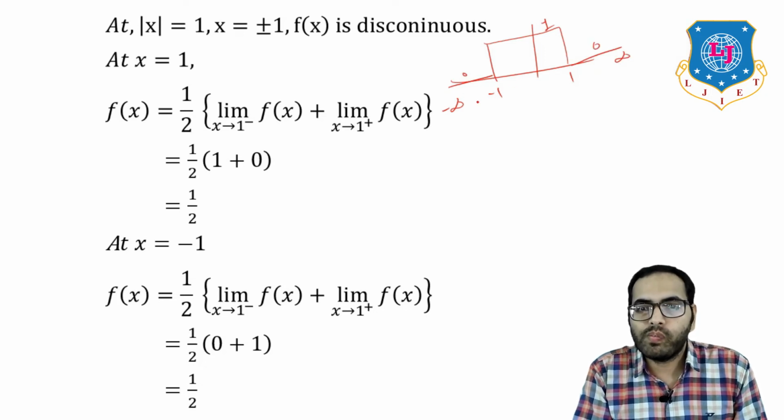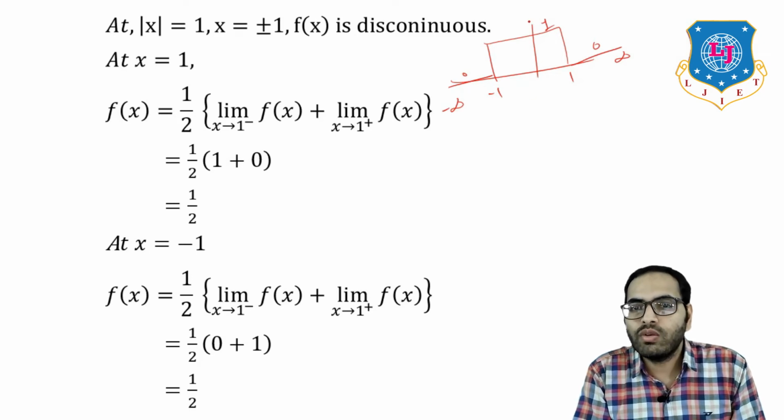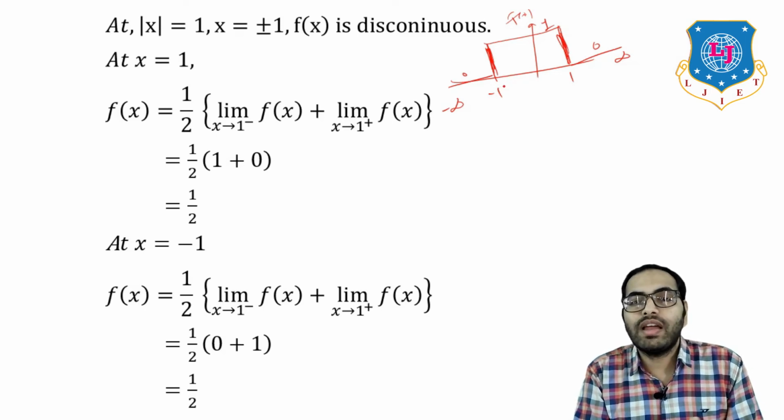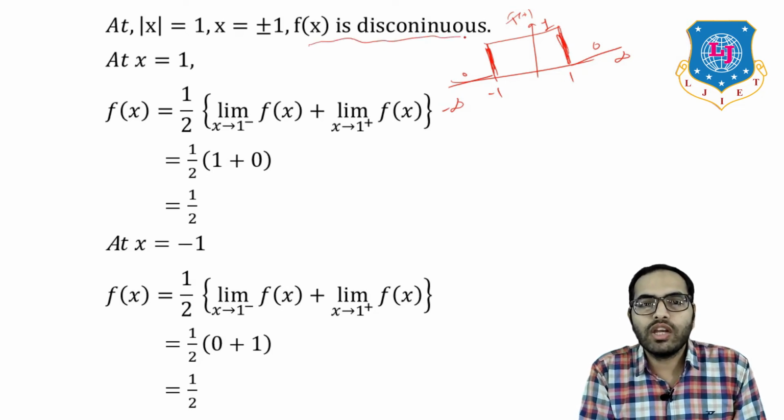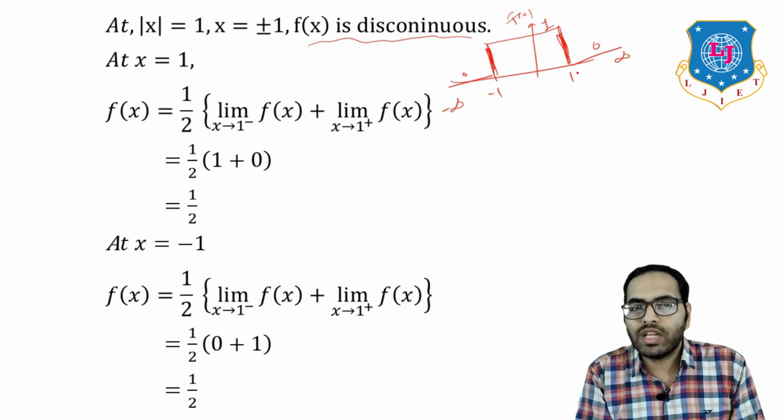But what about minus 1 and 1? What exactly is the value of the function at positions minus 1 and 1? The given function is discontinuous at 1 and minus 1, so we find the values of the function at those positions.